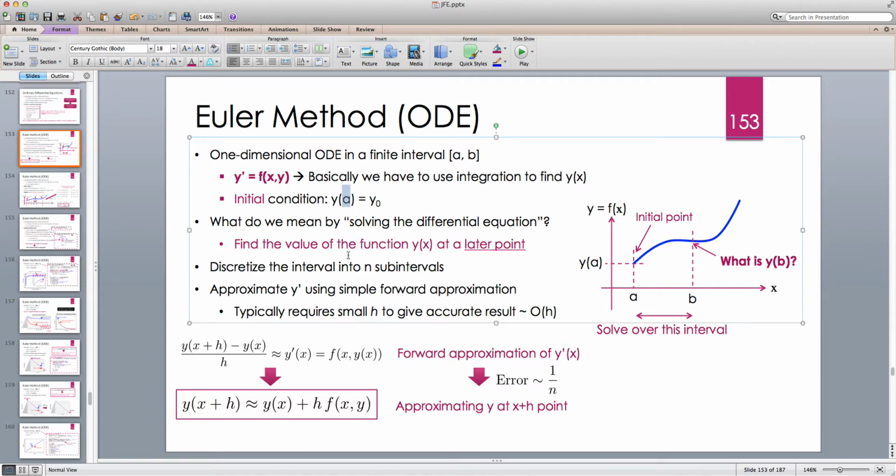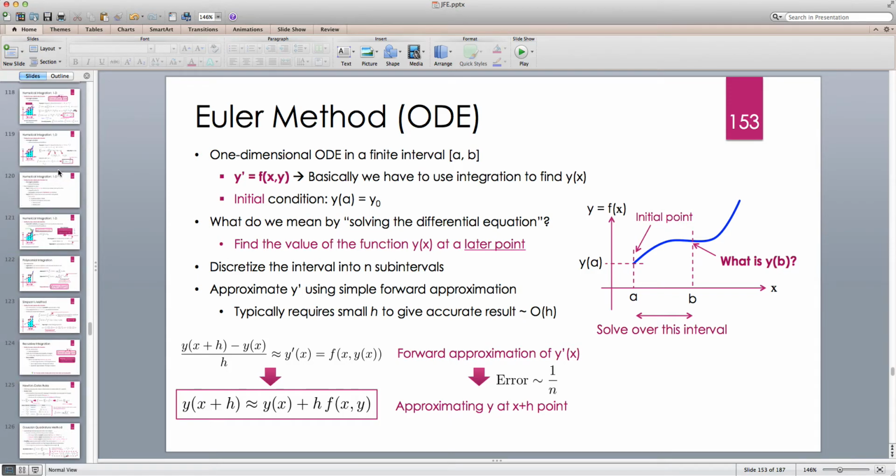And if you apply the Euler method, instead of calculating the integral directly, you solve it as a differential equation. What happens is that the Euler method in this case becomes exactly equivalent to the integration based on the forward rectangle approximation, because we are doing the forward approximation for a derivative. So basically the area of each subinterval becomes h, the length of the subinterval, times f of x. There is no y here. The value of the function at the start point of the subinterval is exactly the definition of the forward rectangle.